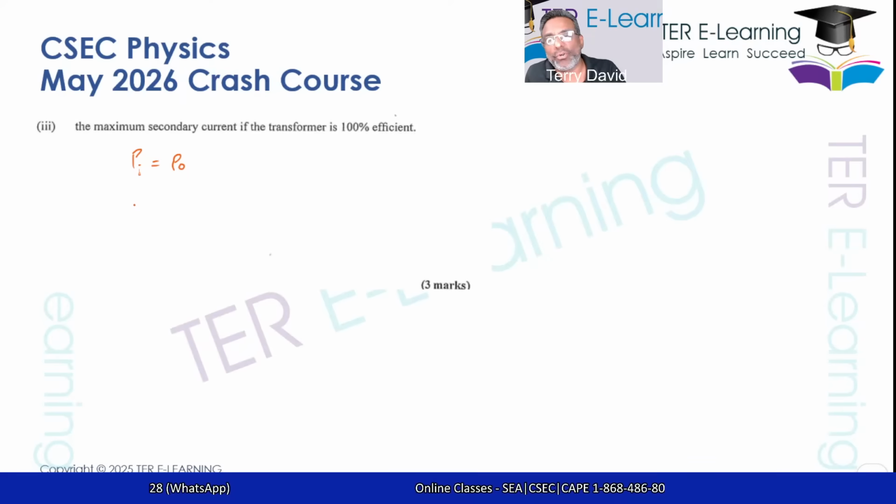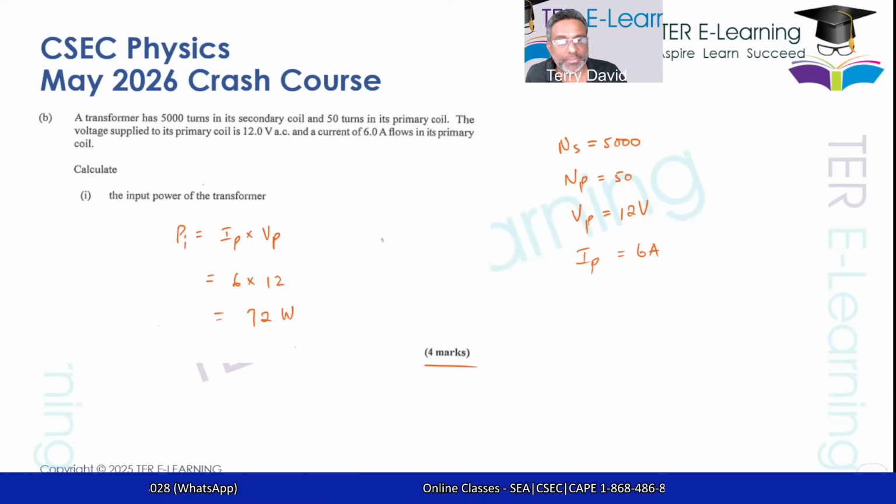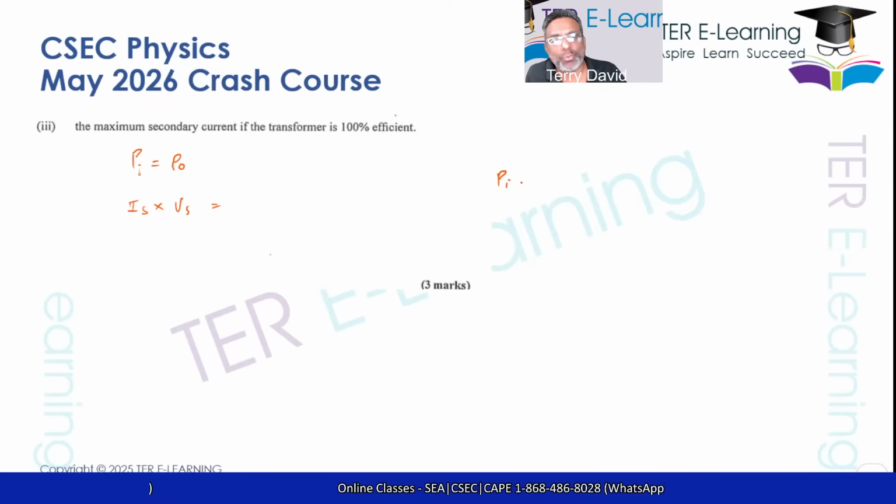The power output is IS by VS. And remember, we calculated the power input just now, 72 watts. If you have 72 watts coming into the transformer, and it's 100% efficient, they told you that, the power output is also going to be 72 watts. So we put IS by VS as 72.